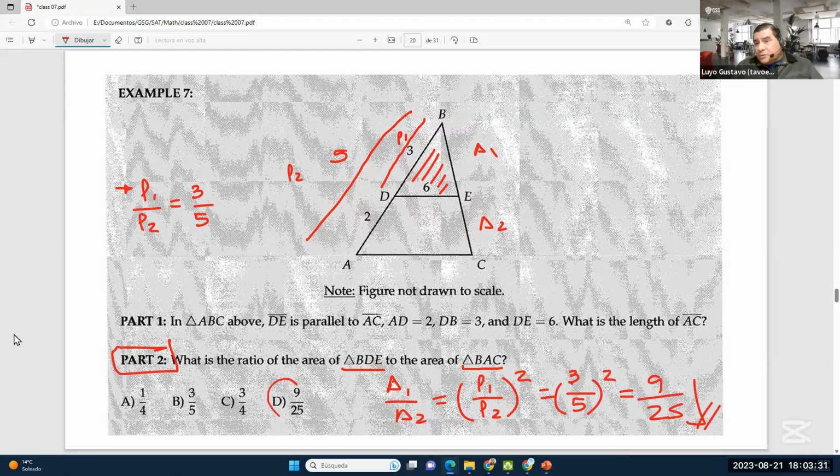And this corresponds to option D. So that's how you can solve questions where they ask you to find the ratio of the areas of two proportional figures or similar figures. And remember the principle of similarity: if there is a common proportion between corresponding sides of two polygons, in triangles, those corresponding sides must be the sides that are opposite the same angles.